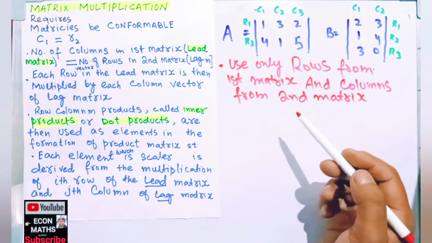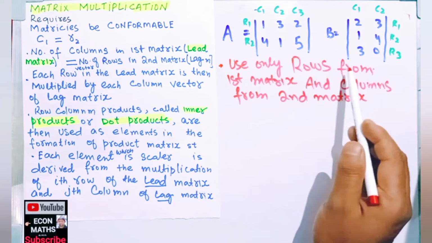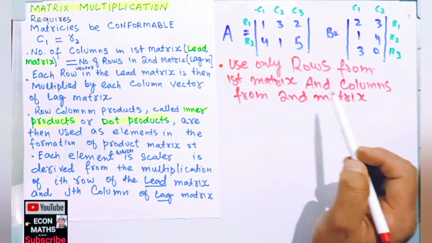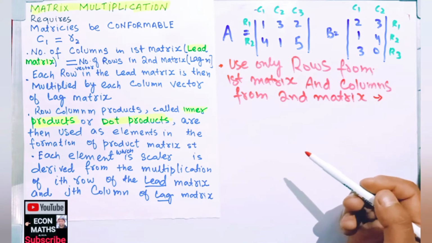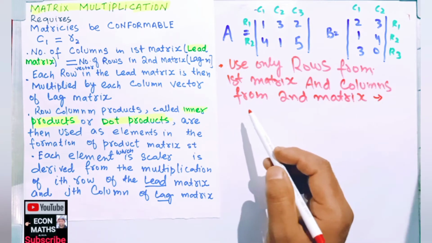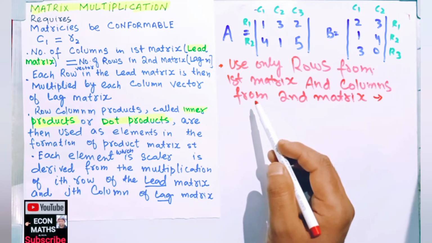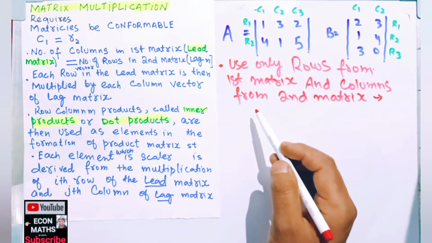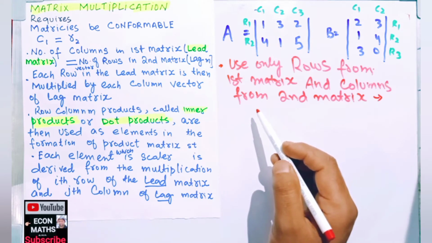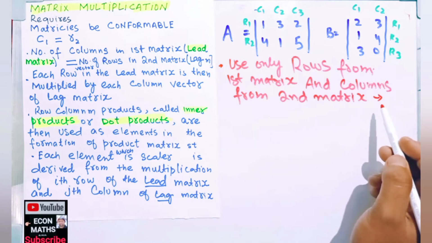Making sure that we use only rows from the first matrix and columns from the second matrix, the matrix multiplication is done by first taking a row of the first matrix and multiplying it by the column of the lag matrix to find the first element.